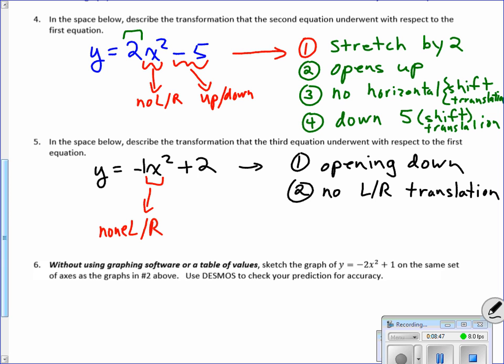And 3, we want to identify its vertical shift, which is in this part here. So its vertical translation is up 2.